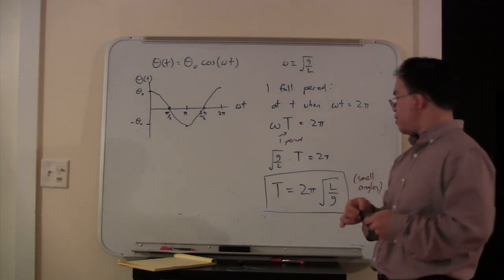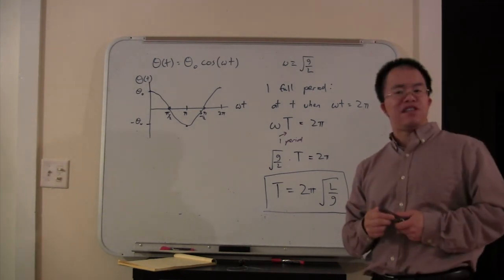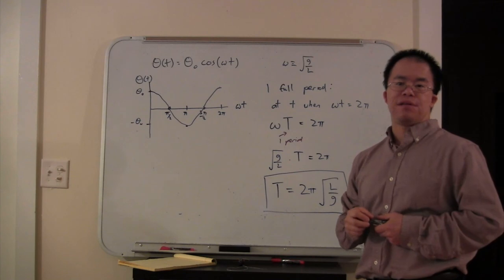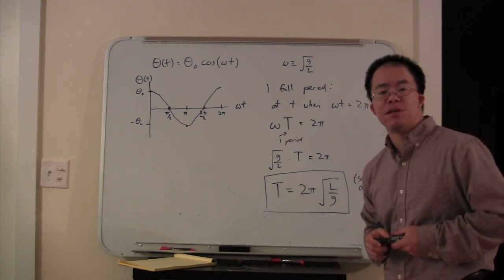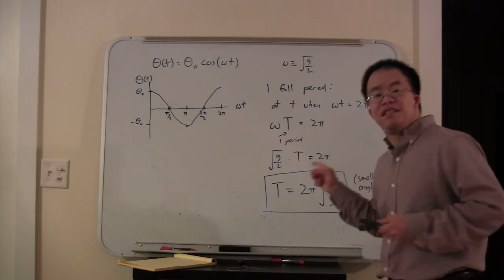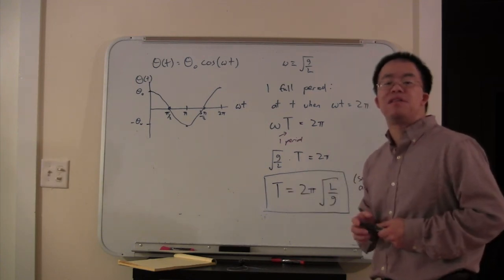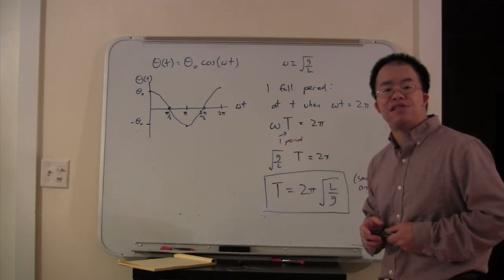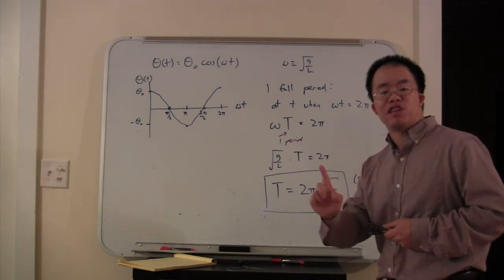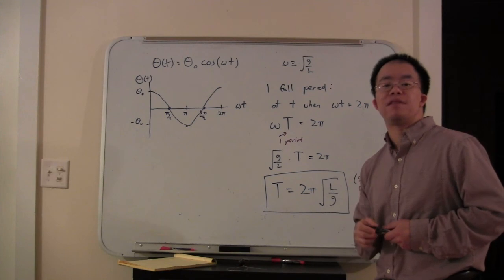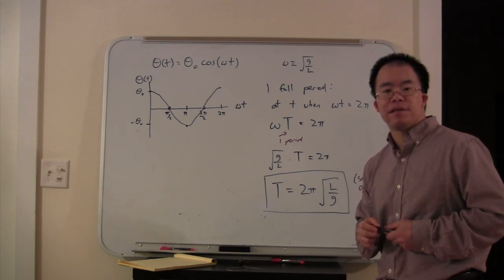So we can see that the period appears to depend on the length of the string, as well as the gravitational acceleration. Notice that it doesn't appear to depend on the mass of the bob. Now that's a concrete prediction that we're going to be able to test experimentally.